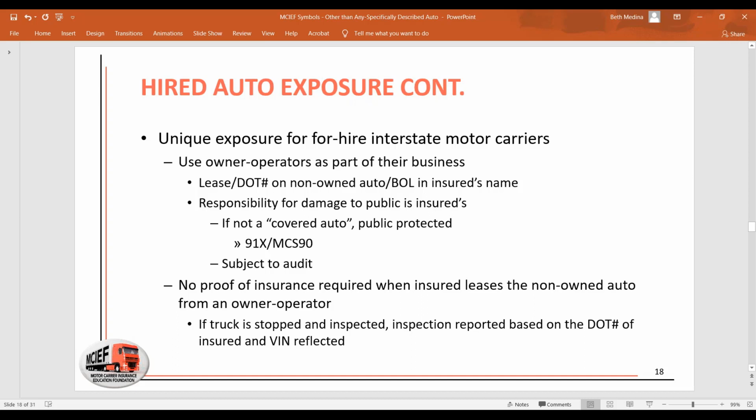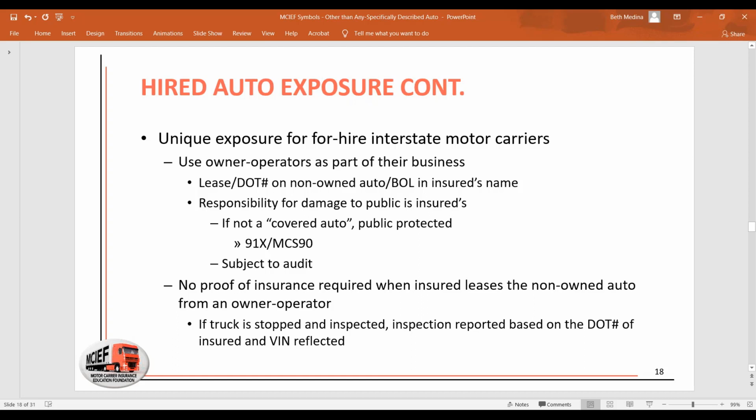If the truck is stopped, an inspection reports based on the DOT number on the side of the insured, and so the VIN number would be reflected. This is the only way, and this is a very passive way, to find out if the insured is using a vehicle not on the policy that they hired, leased, rented, or borrowed. They do not own it.